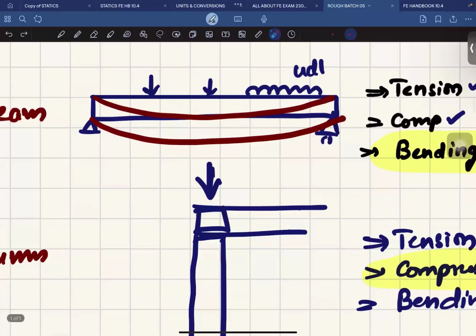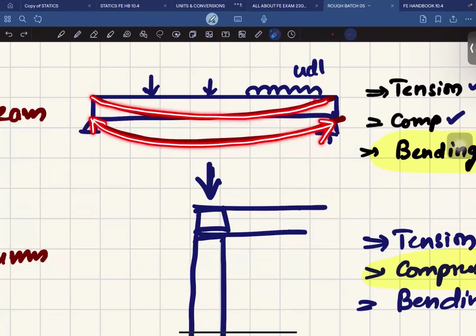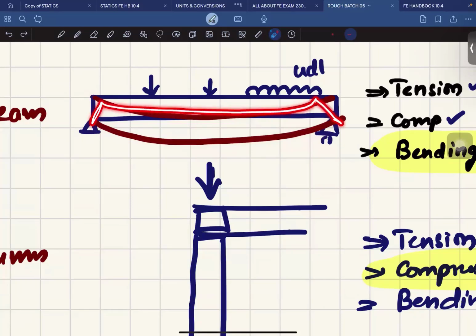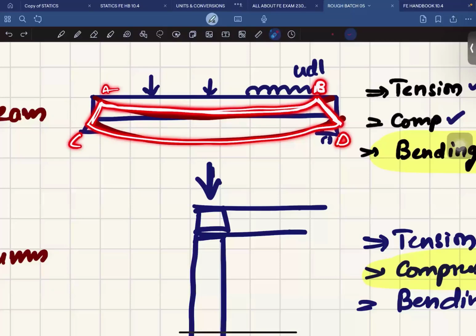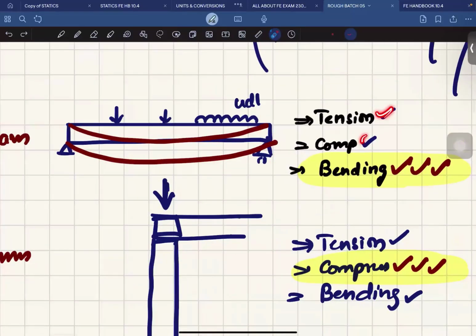And since there is compression here, if the beam is deforming in this shape, definitely there should be an increase in the length of the bottom fiber and a decrease in the length of the top fiber. You can notice the distance A to B is decreased and C to D is increased after deformation, and that's why there is compression and tension.